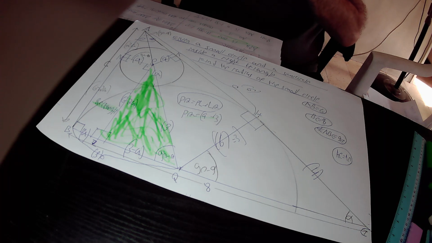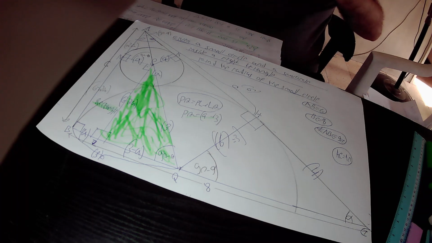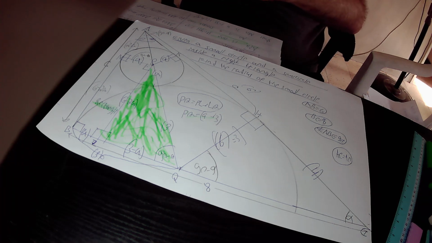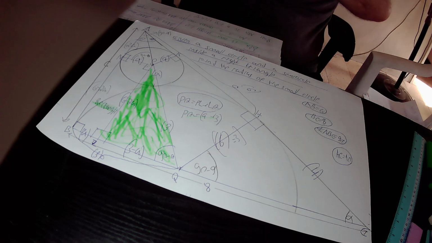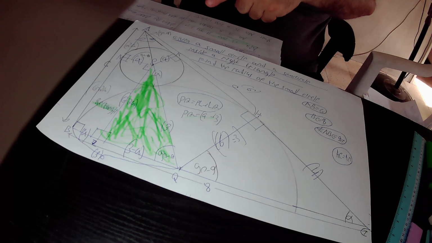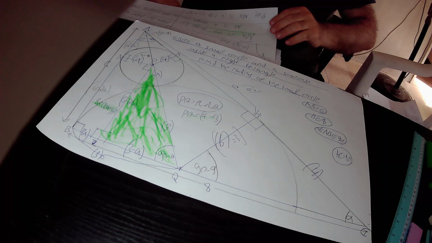Therefore, we can write down that points A, P, and Q lie on the same straight line. What is the straight line? The straight line is the angle bisector of angle A.